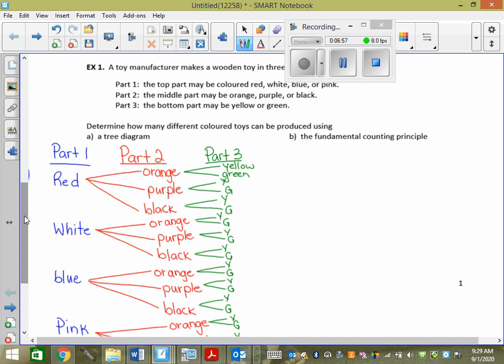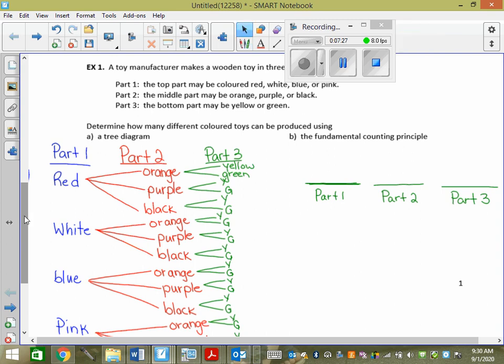And so that's why the fundamental counting principle, when we put the blank down, we're saying we have 1 option for part 1. And then we have 1 option for part 2. That blank means I'm choosing 1 option. I'm choosing 1 option for part 3. So like 1 top, 1 middle, 1 bottom, right? If I could pick like 2 colors for the middle, I wouldn't be able to use the fundamental counting principle. I'd have to do it a different way. So I can only choose 1 of the options.